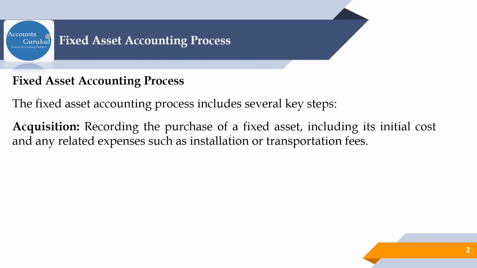When we are acquiring any asset, whatever the purchase cost of that asset plus any related expenses such as installation or transportation fees, we have to add that in the cost of that asset, the gross value of that asset. So any expenses which we incur to make that asset ready for capitalization, we have to add in the gross block of that asset.